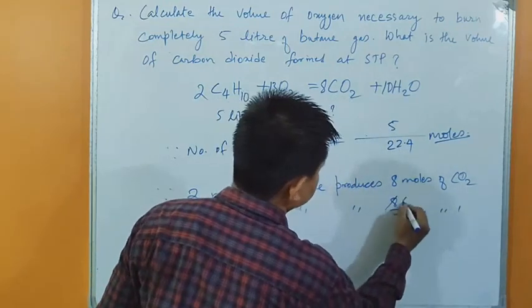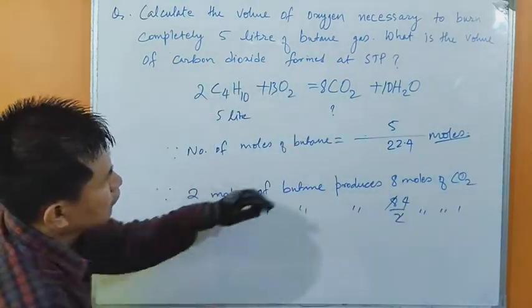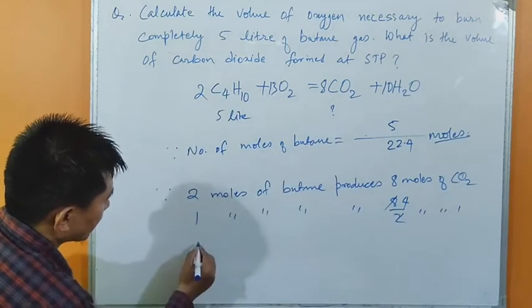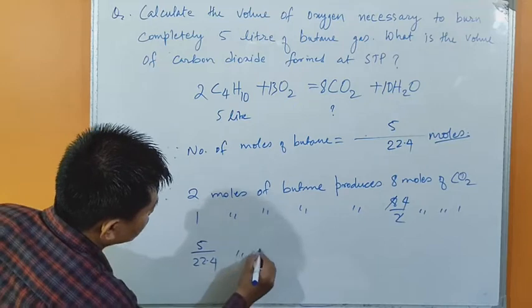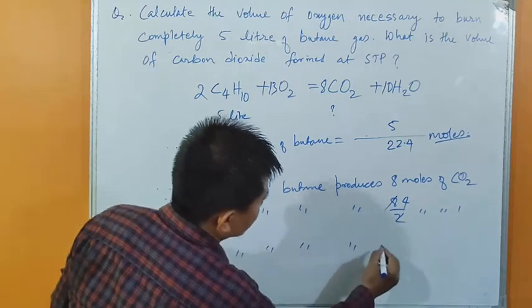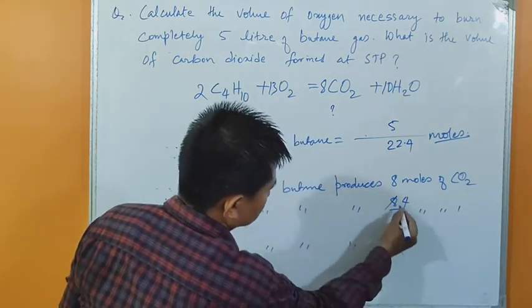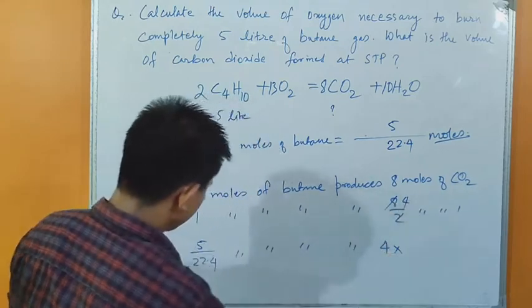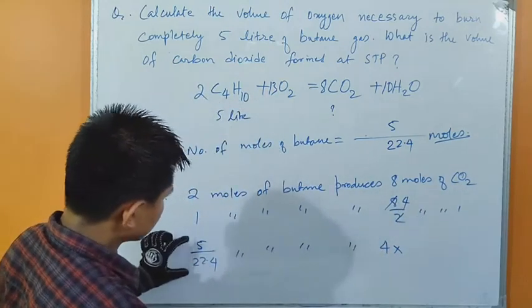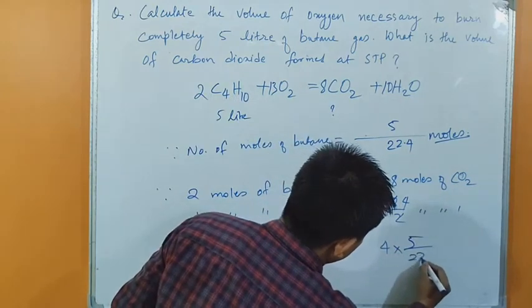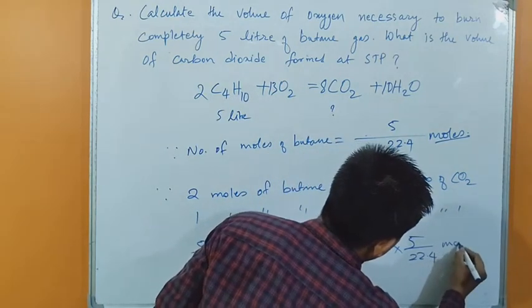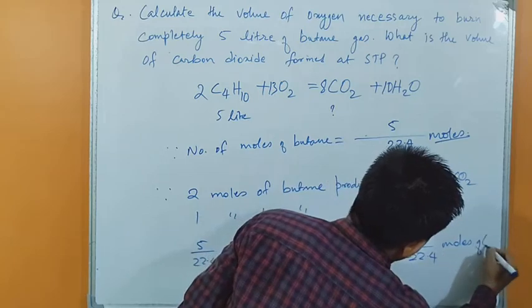So 5 upon 22.4 moles of butane produces 4 into this much moles of carbon dioxide. 4 into 5 upon 22.4 moles of CO2.